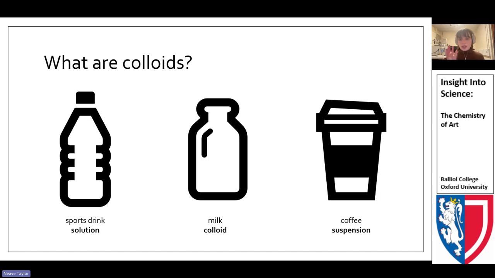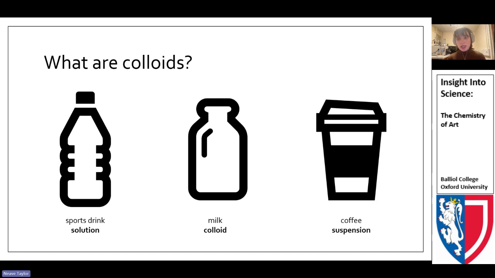So I'm just going to take you through the differences between a solution, a colloid, and a suspension. Hopefully that makes a bit of sense, and then we'll talk about what makes a good paint. Is it a solution, a colloid, or a suspension?